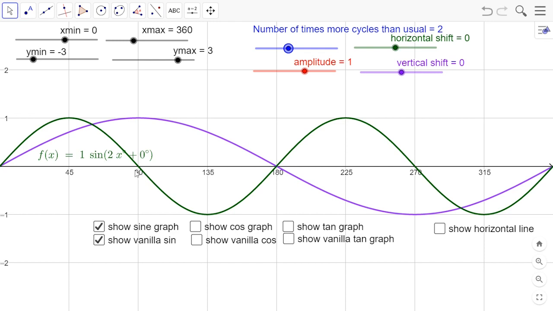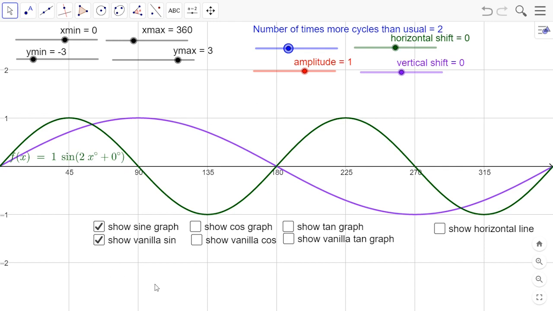Now, because 90 is being doubled as the input, it's going to get back down twice as fast. What's been affected here is not the range, not the amplitude, but in fact the period. The period of this graph is actually halved. We've got twice as many graphs as usual. This has quite big implications for solving equations, but we'll come to that just now.